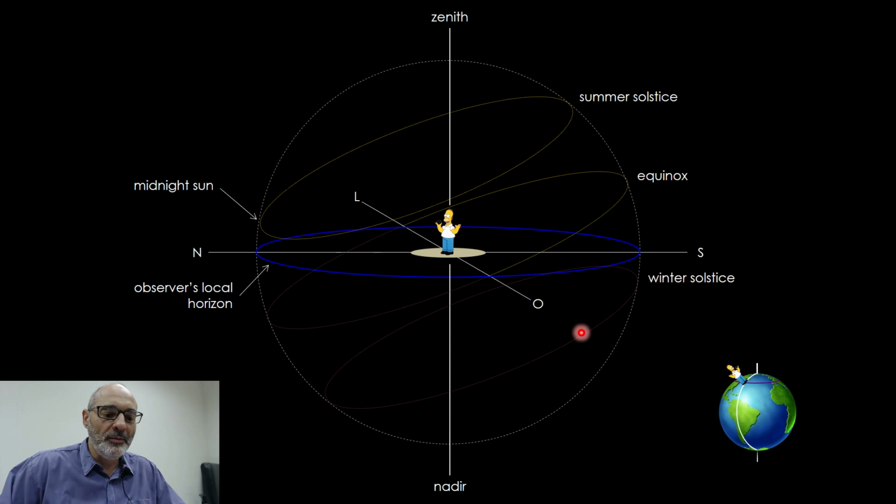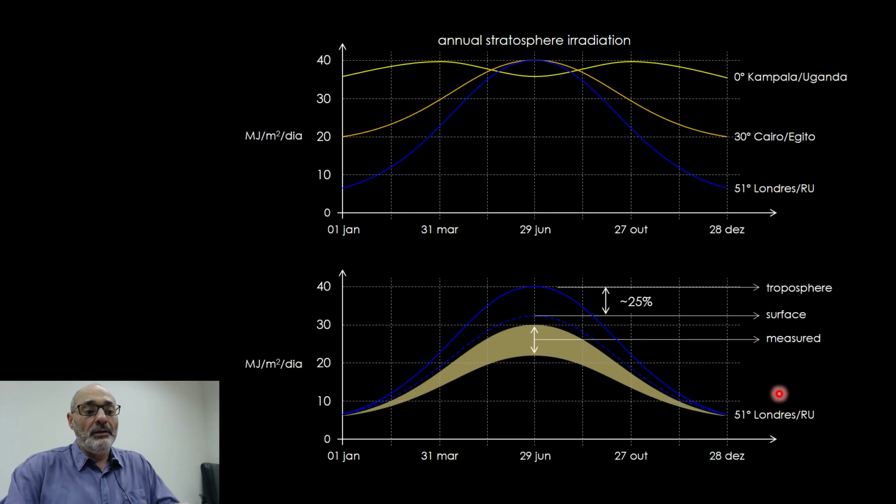And during winter, the sun does not rise, so it's below the observer's horizon during all the day, during 24 hours. That's the origin of the term midnight sun, because at midnight you can still see the sun if you are above the polar circle.